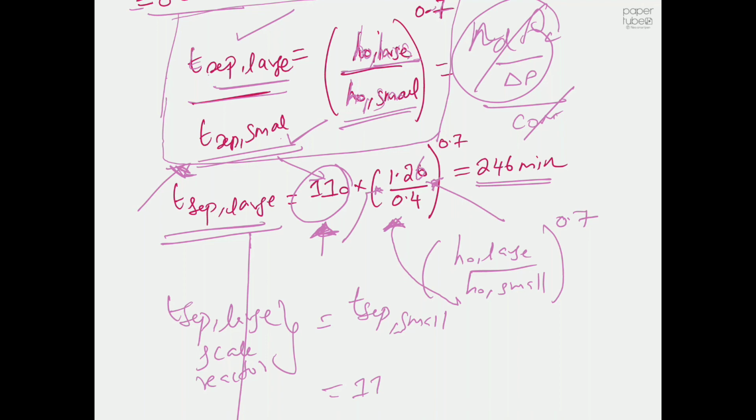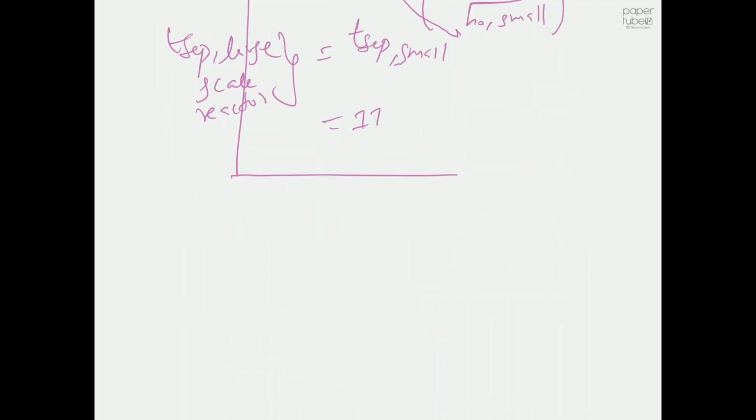So you can see the time difference. In the smaller tank, the time we need is 110 minutes. In the larger tank, it's almost twice, 246 minutes. So that's the answer.